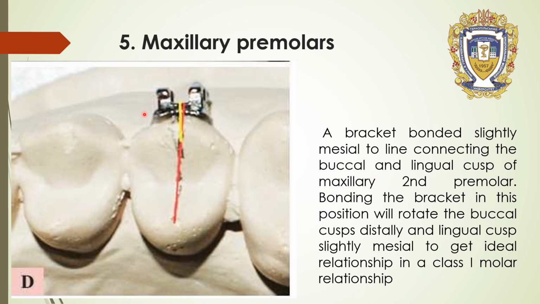Bonding the bracket in this position will rotate the buccal cusp distally and the lingual cusp slightly mesially to get an ideal relationship in a class 1 molar relationship. I would like you to understand it.